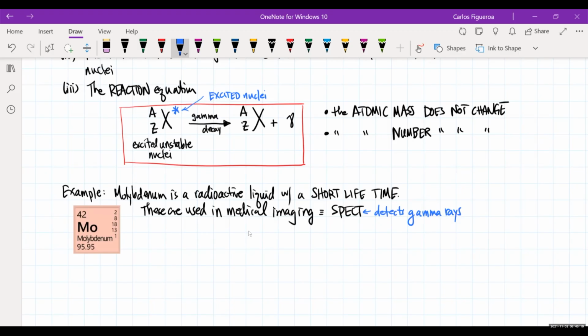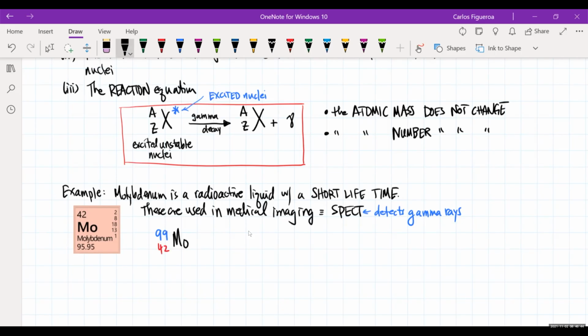So what's special about this? When you look at this, this one's 99, this one's 42. I'm looking at one particular isotope. That's why I wrote this so you can see this. This one is unstable.